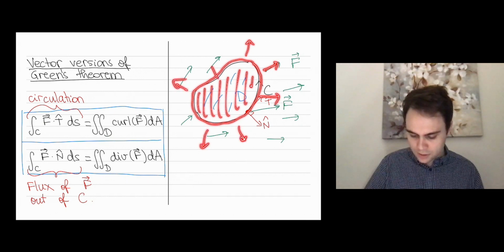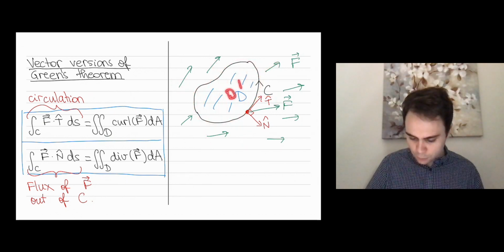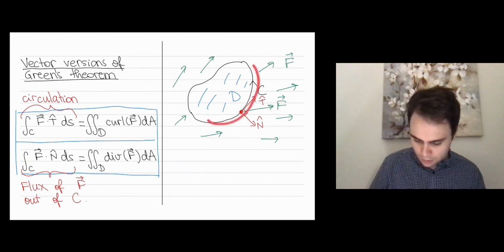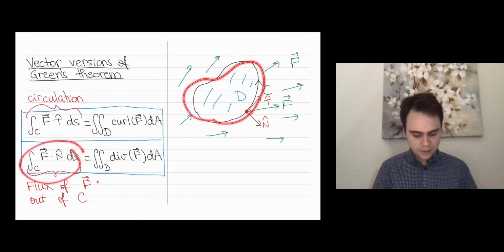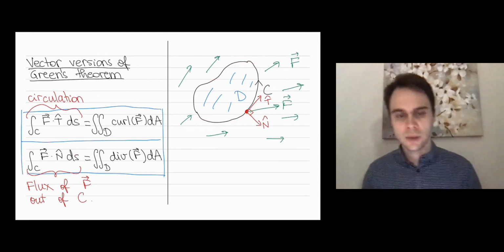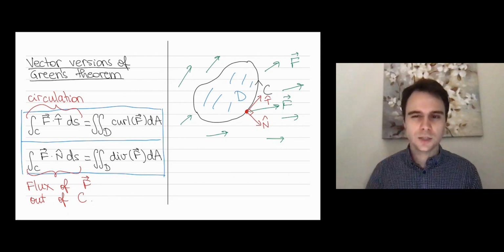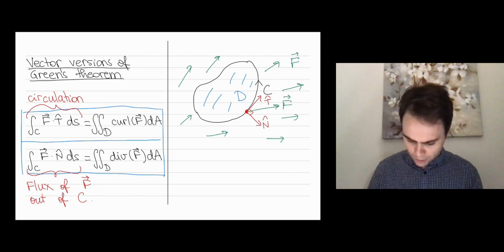If I know how much it's expanding at every single point, all that expansion has got to go somewhere. It's got to cross the boundary, and that's what the left-hand side of the theorem is telling me. So I think the divergence version of the theorem is the easiest one to wrap our heads around.